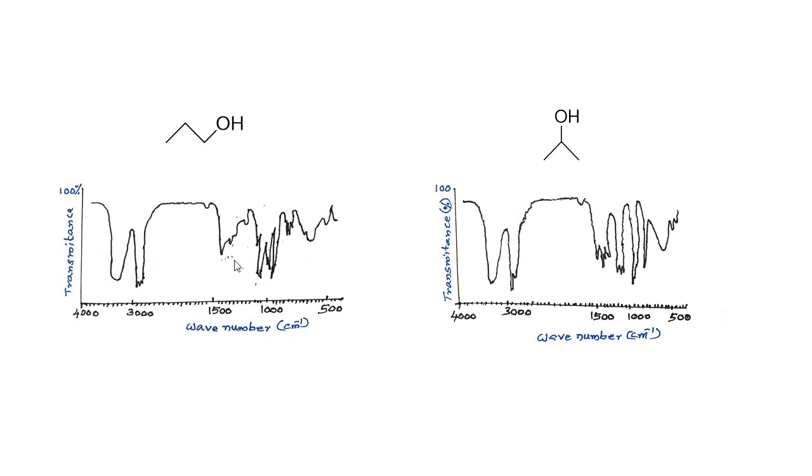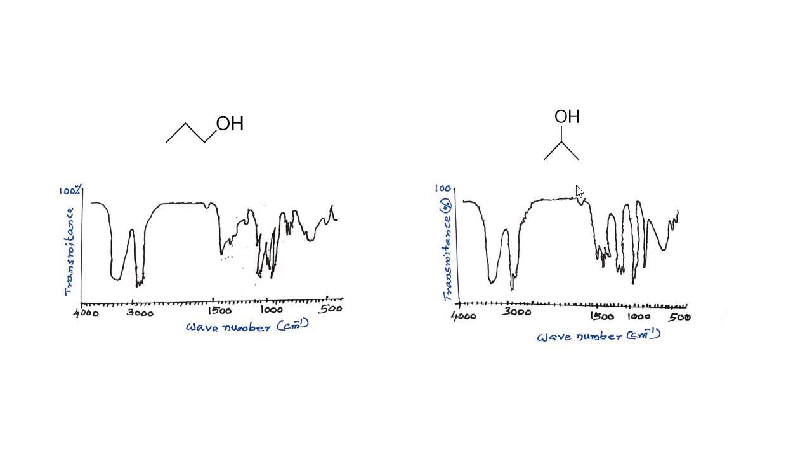Then if you compare the fingerprint region, you can see different spectra are obtained for both compounds. This indicates these are two different compounds, and hence the spectrum obtained in the fingerprint region is used to identify the organic compound.